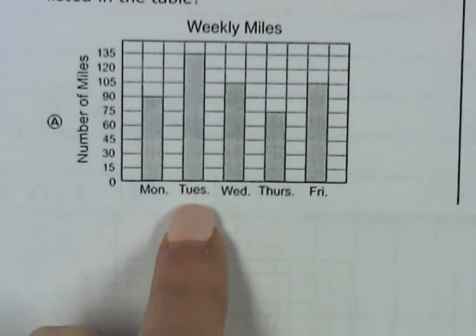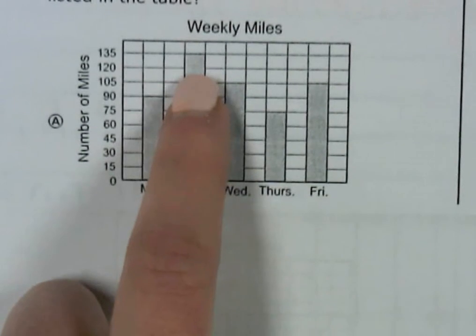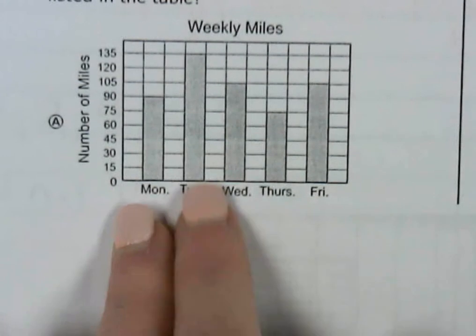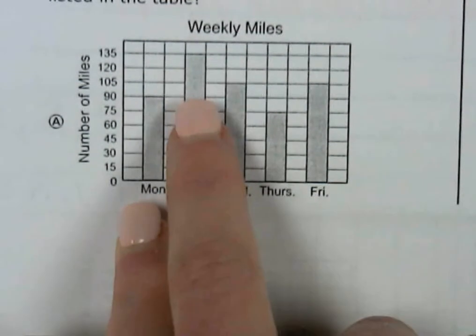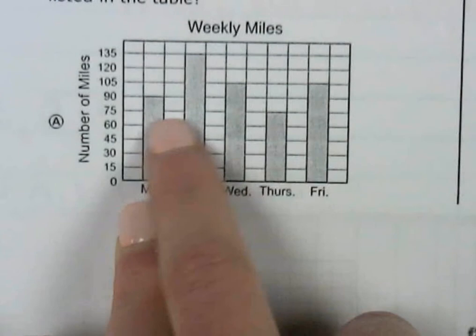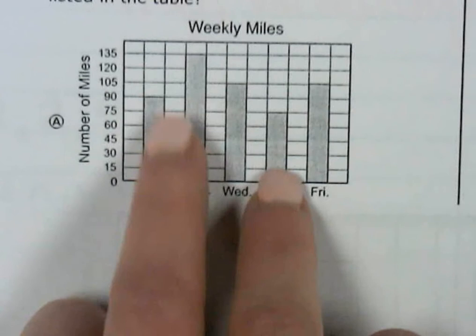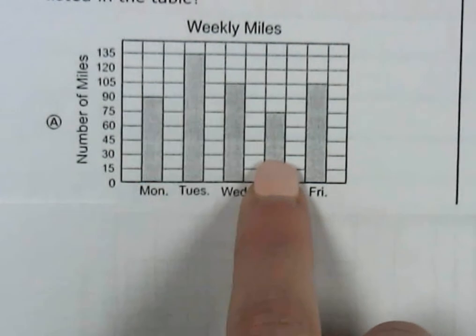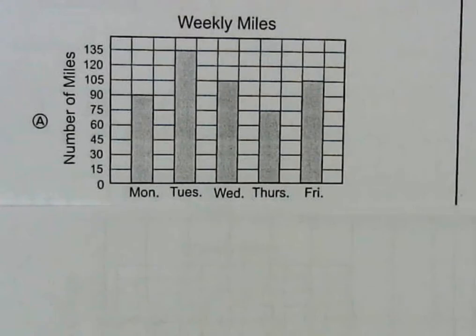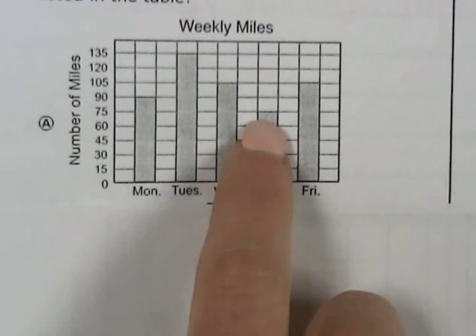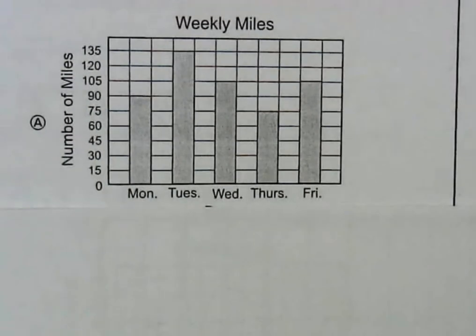On Tuesday, they went 135 miles. So let's look at the range here. My tallest bar was 135, and my smallest bar is up to 75. If I found the range between my highest and my lowest, would you say that's super high variability or kind of low in the middle? I'd say the difference between 75 and 135 is a pretty decent amount of variability.